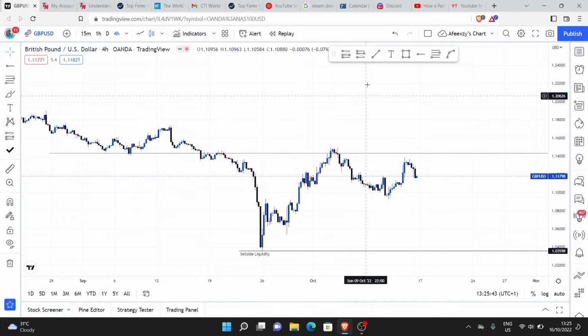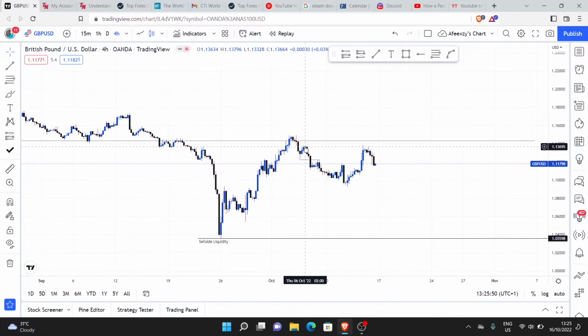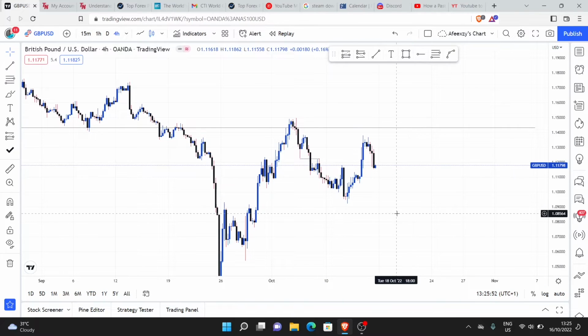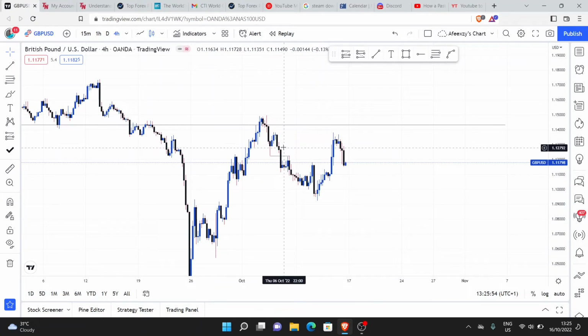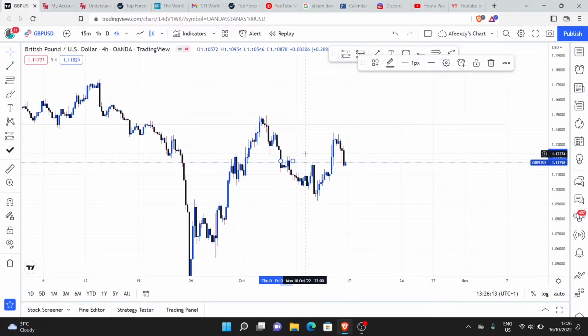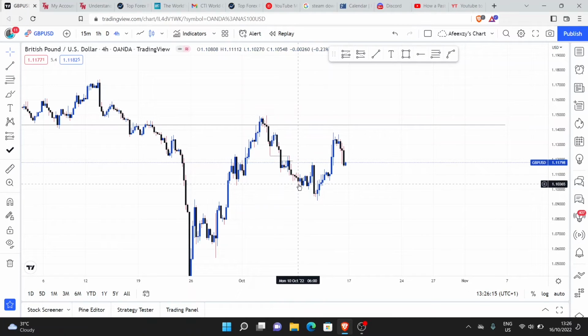Here is where the market turned bearish. It didn't go to this OB here, because the market just respected this fair value gap here, and then plummeted down.